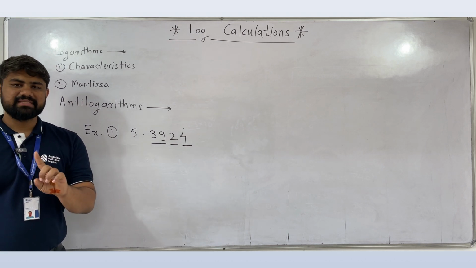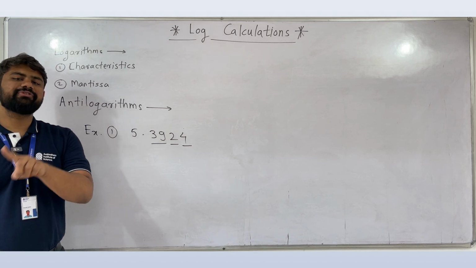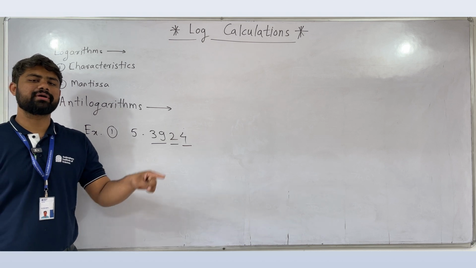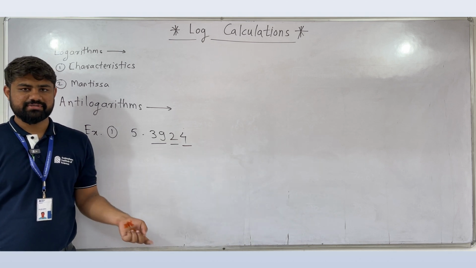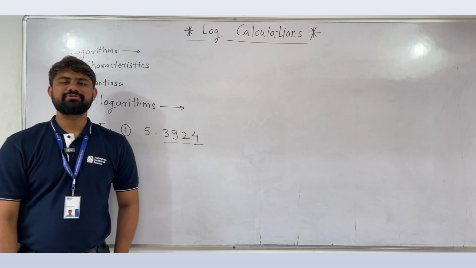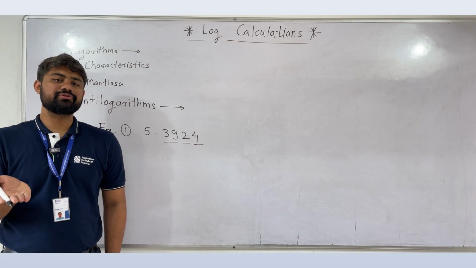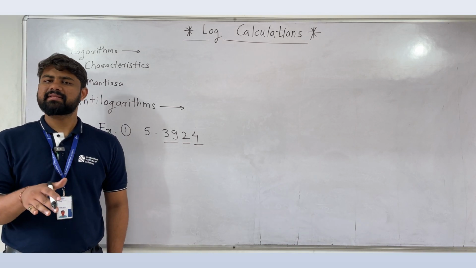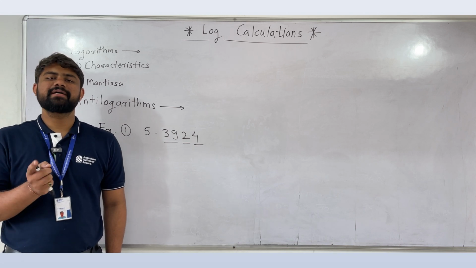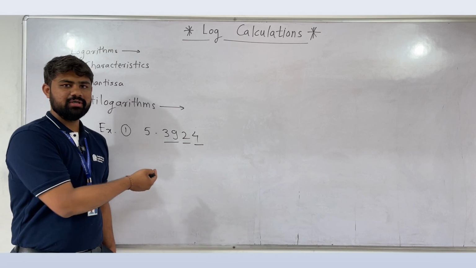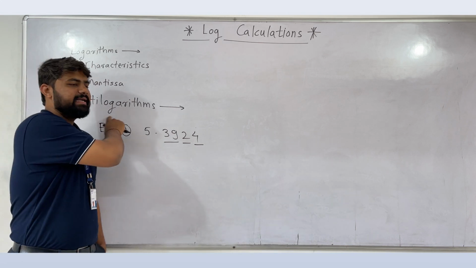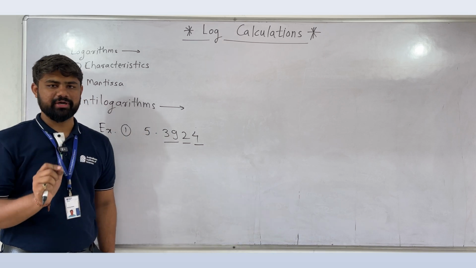But the first thing we have to do is see if we are using the logarithms table or the anti-logarithms table. Most of the time students forget to flip the page and change the table from logarithms to anti-logarithms, and hence they make many mistakes. So please make sure when you are finding the anti-log, the chart says anti-logarithms and not logarithms.